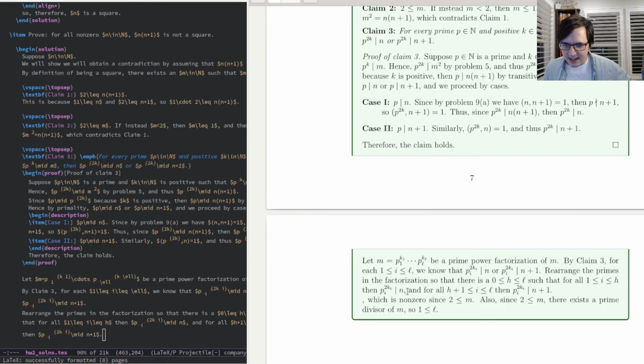Okay, so let's let m have this prime power factorization. By claim 3, for each i, we know that when we square that prime power, it divides n or n plus 1.